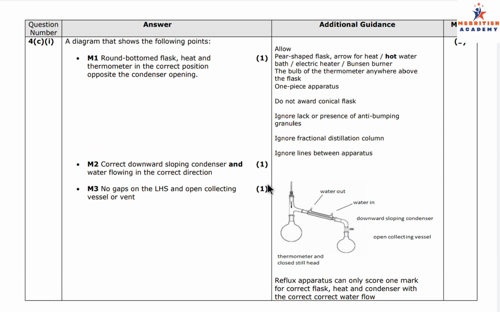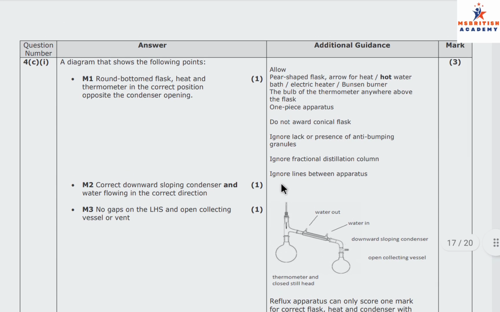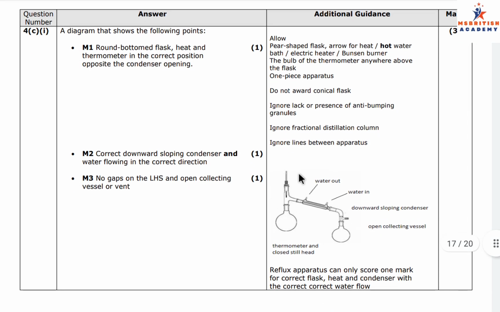See, this is the diagram. You can draw here a thermometer and a condenser till here, you have a valve, and water out, water in. So you can see and you can read and you can make this diagram in your answer.